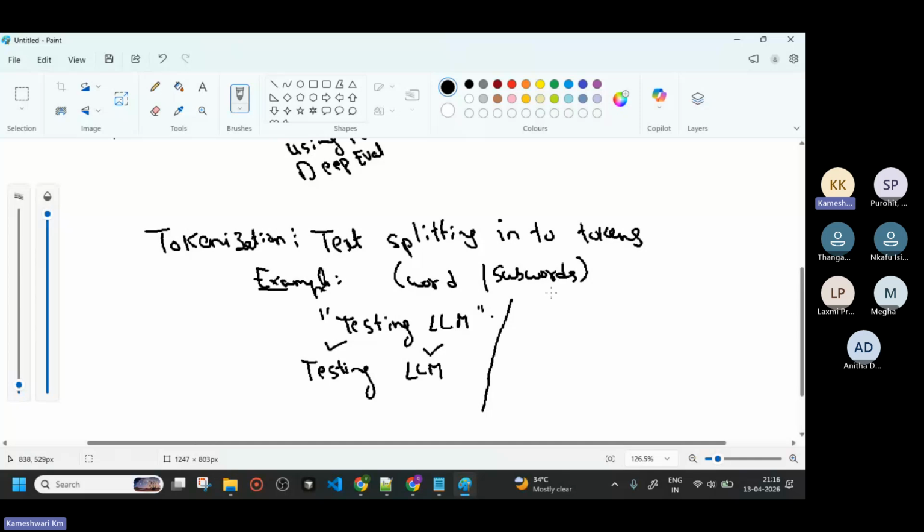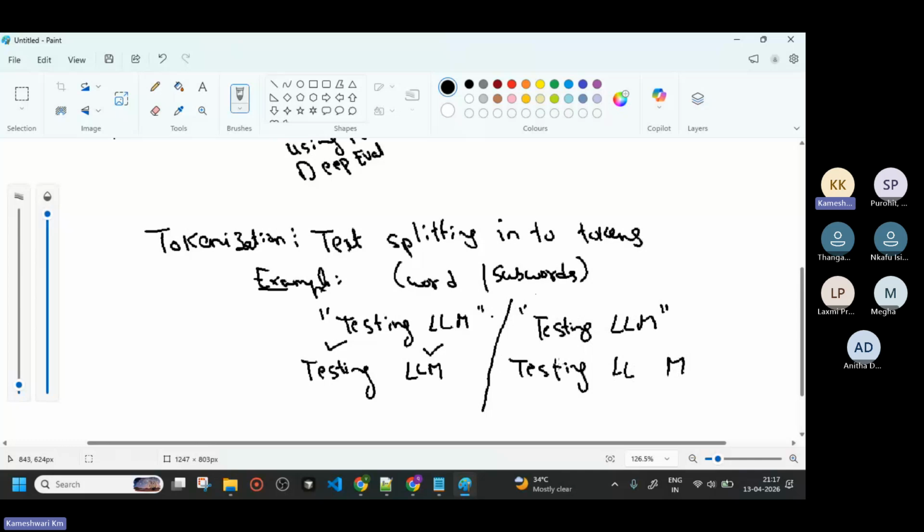And coming to subwords, I'm taking the same words, testing LLM. Now testing will be considered as 1 word, and LL will be considered as 1 subword and M will be considered as some subword. It depends.